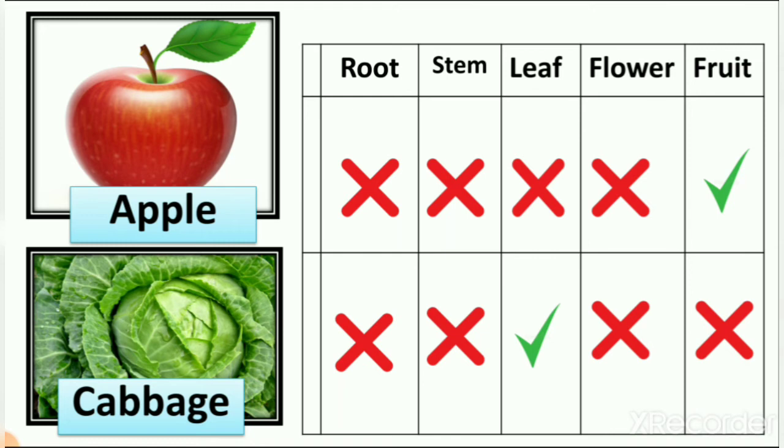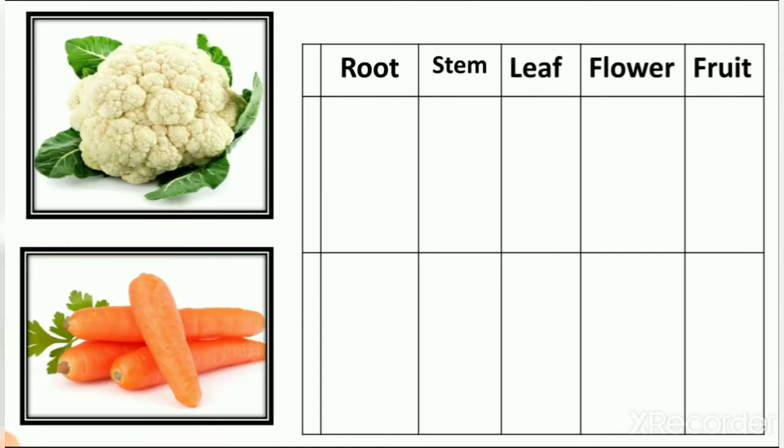Now let's see which is the next one. Yes, which vegetables do we have? White color and orange color, right? So which vegetables are they?